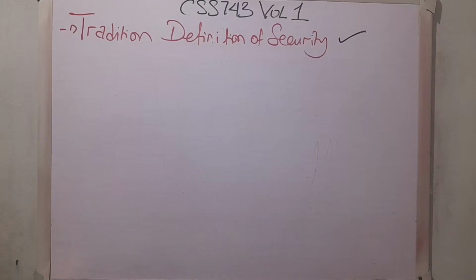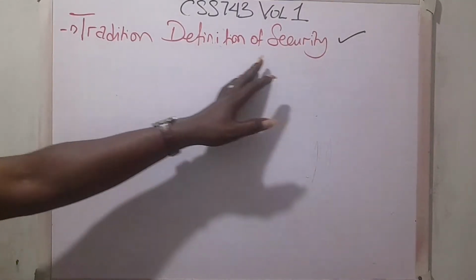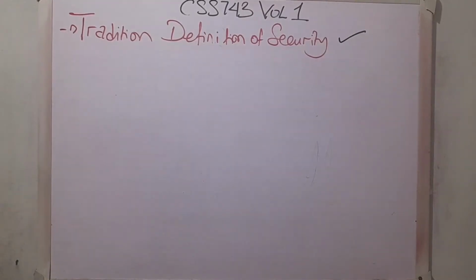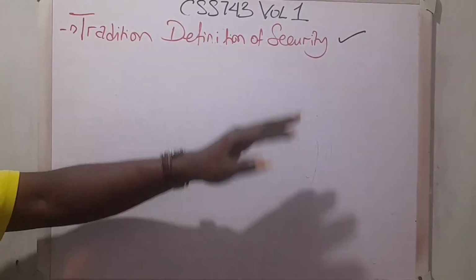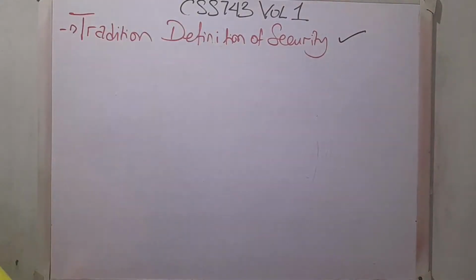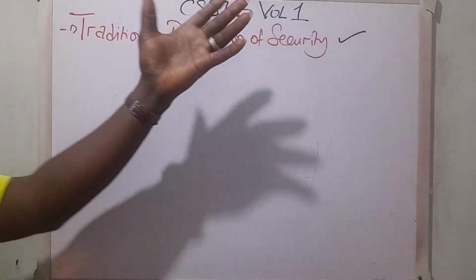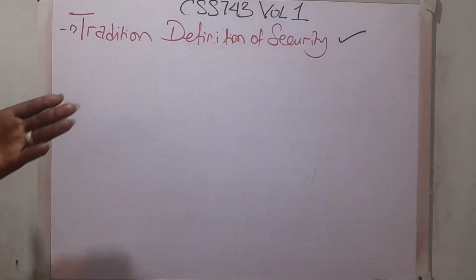So now, traditionally, when we speak of security, we are simply talking about the protection that the military and law enforcement agencies provide for the purpose of protecting the state from internal and external enemies.